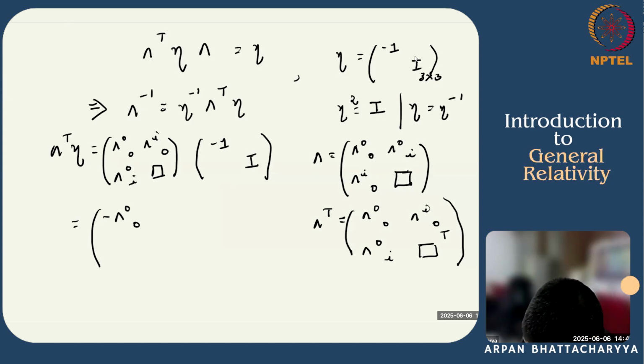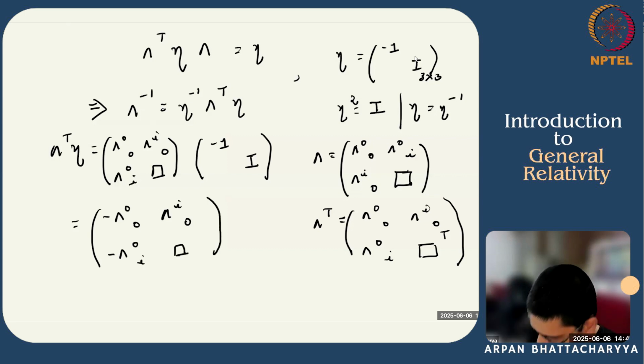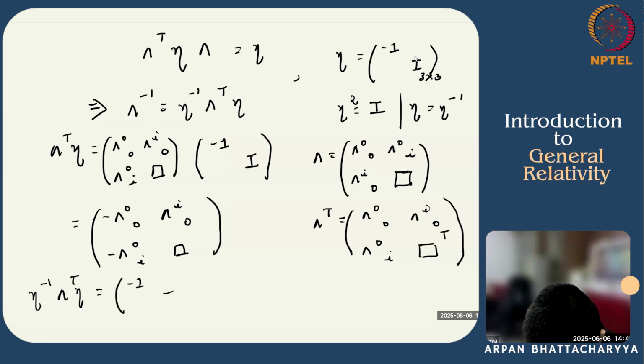These entries will be lambda I 0. This entry will be again of this, which is minus lambda 0 I and something, we don't care. And now finally we have eta inverse times this matrix of lambda transpose. So eta inverse is same as eta, which means this matrix times identity.